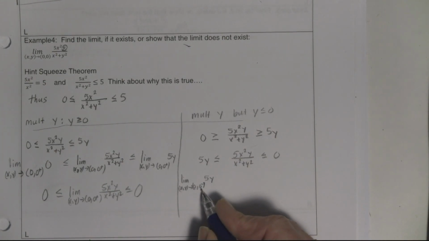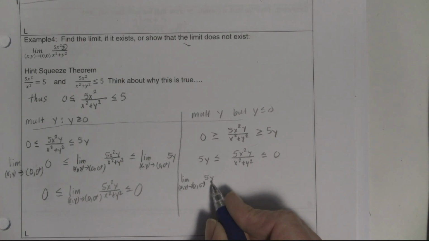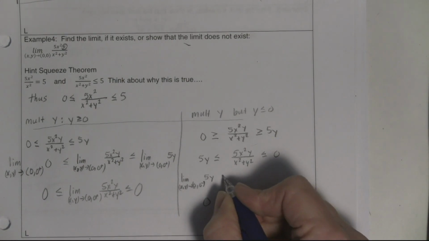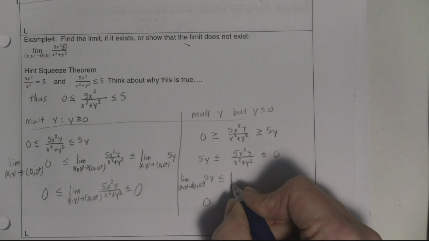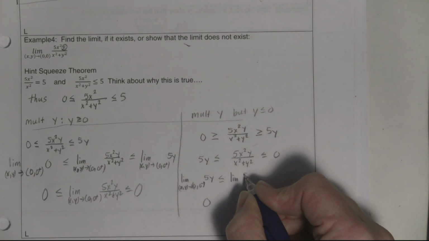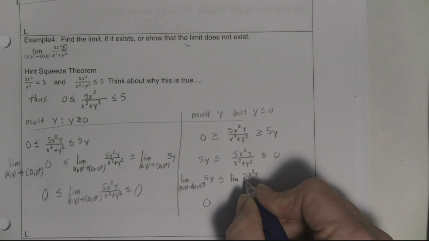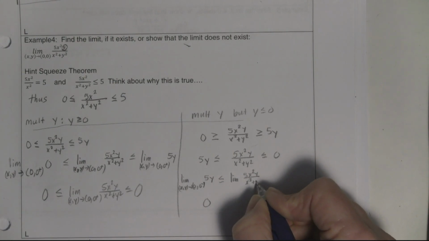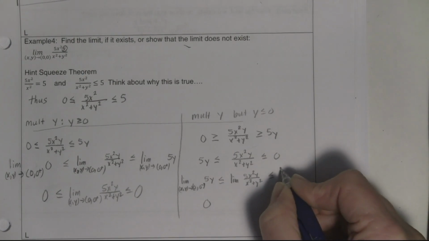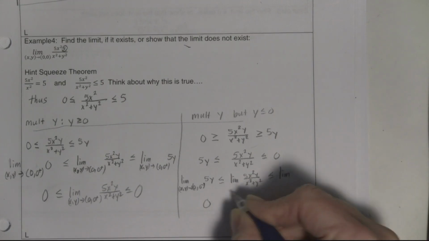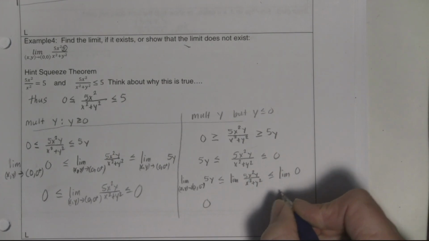As y gets close to 0, but a little bit smaller than 0, this is going to 0. And I'm going to be a little bit lazy and not write what it's going to since it's going to the same place. And this is the limit, the same place, of 0.